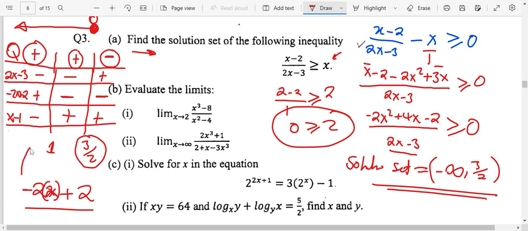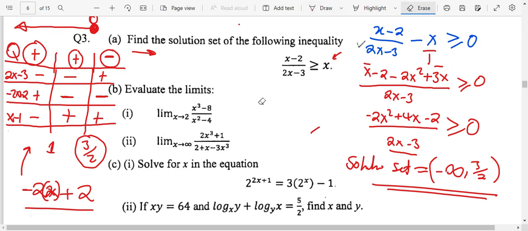And then you can try anything which is less than 1, like a 0, just for confirmation sake, if what we are doing was correct. You can get a 0, come and put in this function. So that will be 0 minus 2, which is negative 2, divided by 2 times 0, that is 0, minus 3, that's negative 3, greater than or equal to 0.